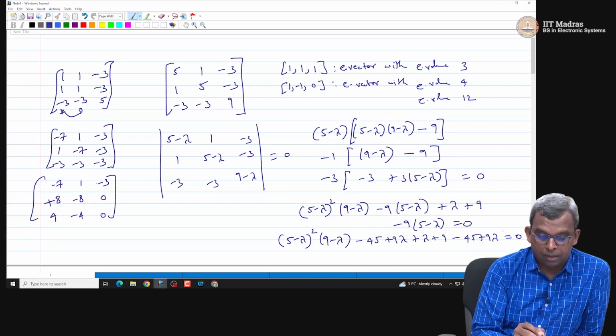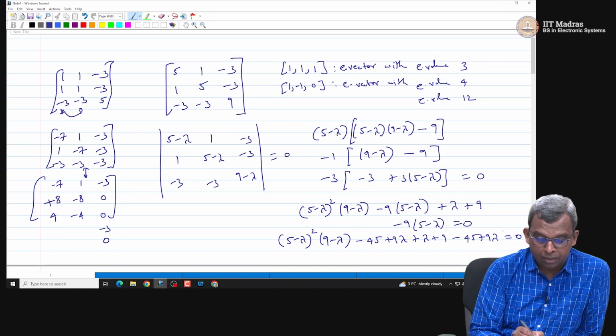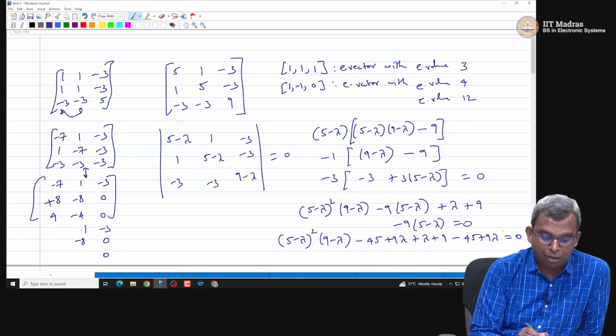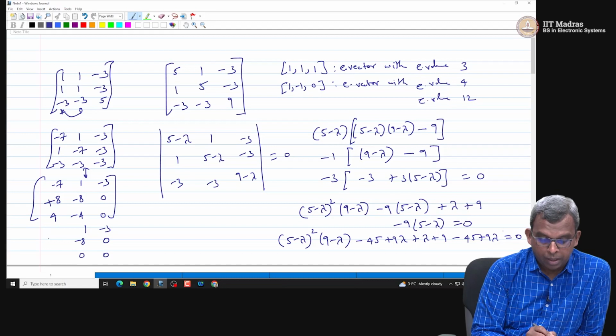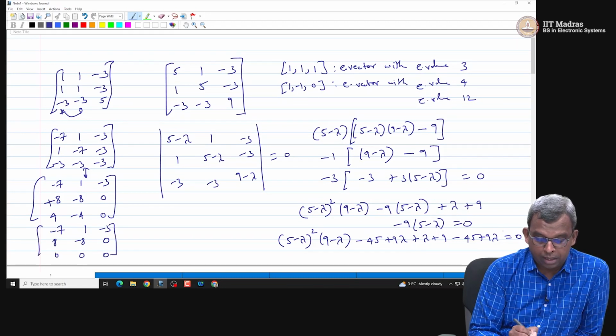So this is just 2 minus R1. Then this minus 2 times, if I do, then I'll get minus 3, 0, 0, 1, minus 8, this minus half, so 0, and then minus 7, 8, 0. So this is what you get here.